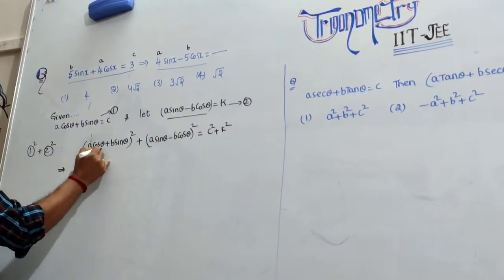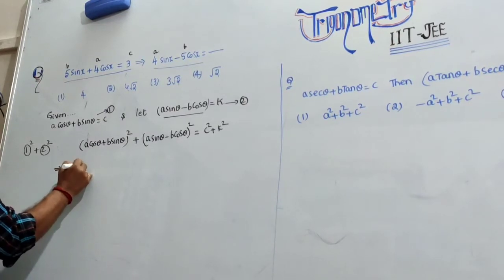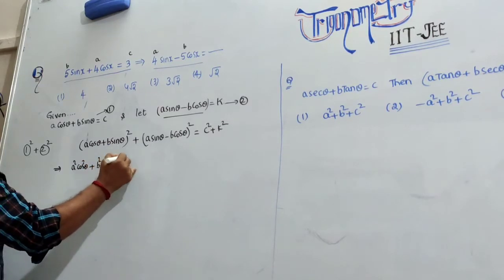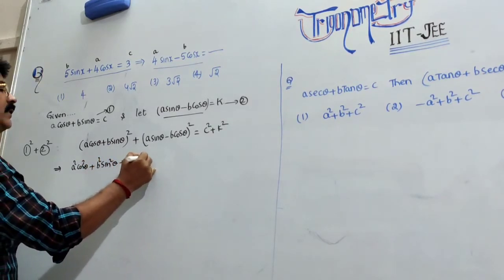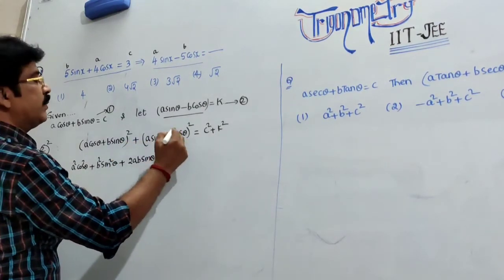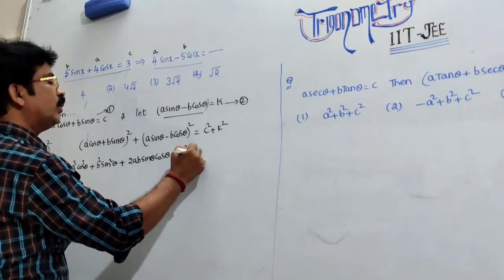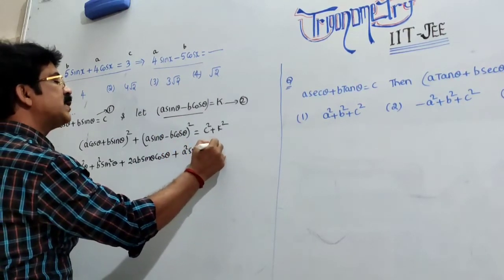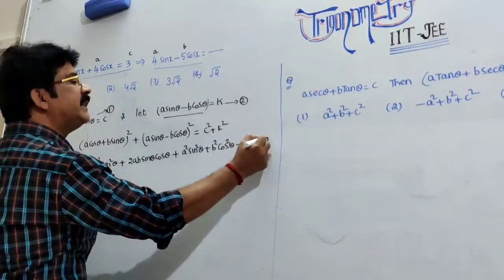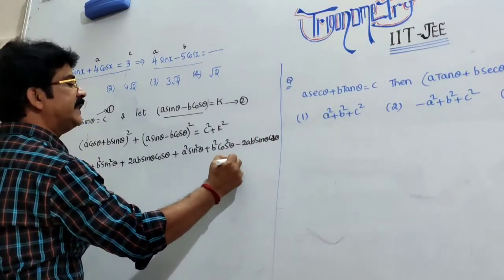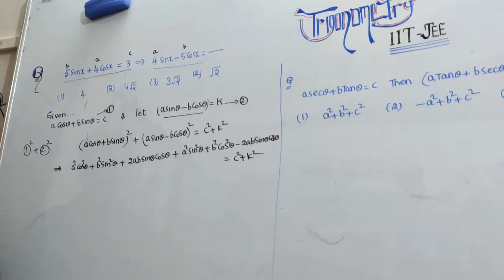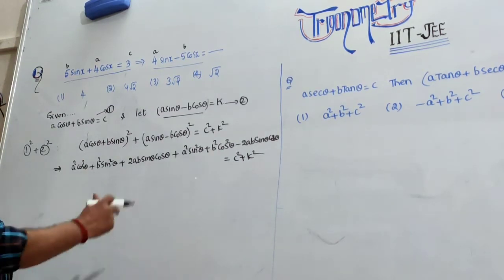So that implies, using the x plus y whole square formula, a square cos square theta plus b square sin square theta plus 2ab sin theta cos theta, plus, using the x minus y whole square formula, a square sin square theta plus b square cos square theta minus 2ab sin theta cos theta, is equal to c square plus k square.